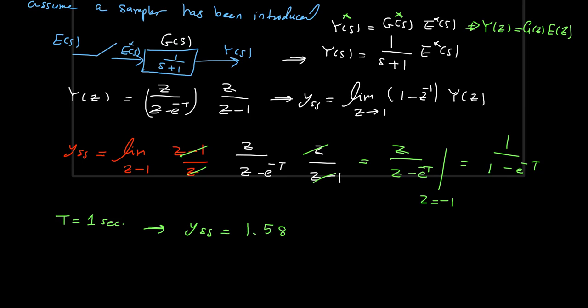In the continuous time system, Y steady state was equal to 1. Here, the steady state will depend on the sampling time. So now, what if we introduce a zero order hold after the sampler? What will happen?